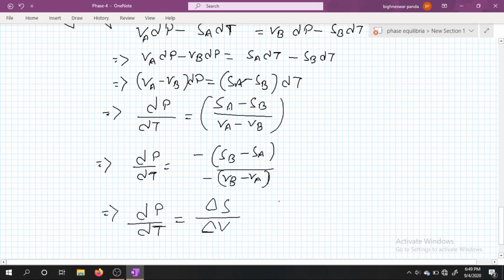Here delta S can be written as heat required divided by temperature.